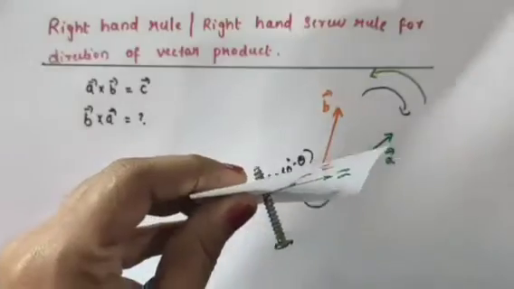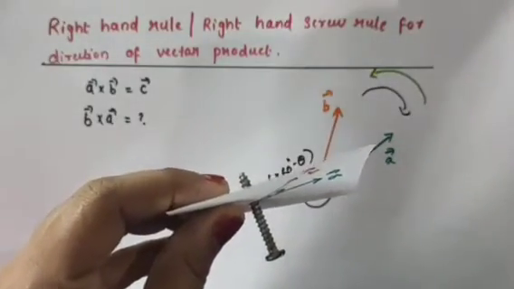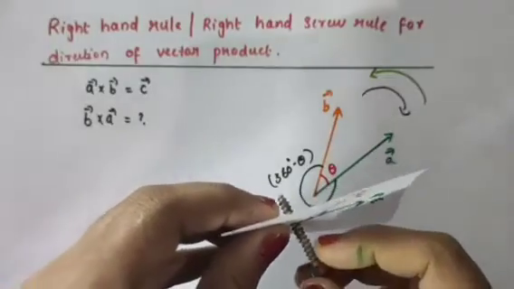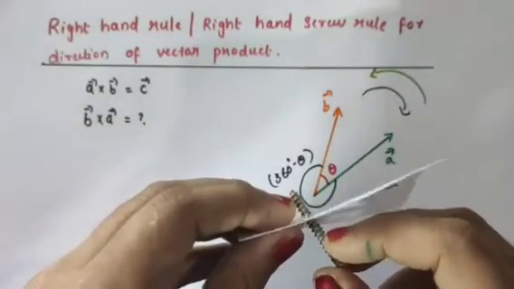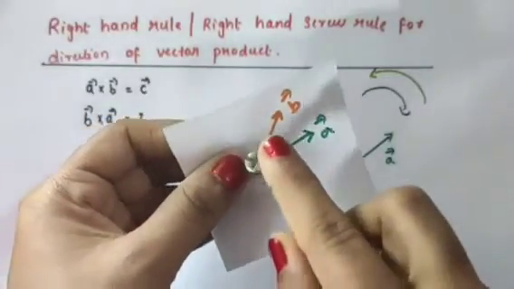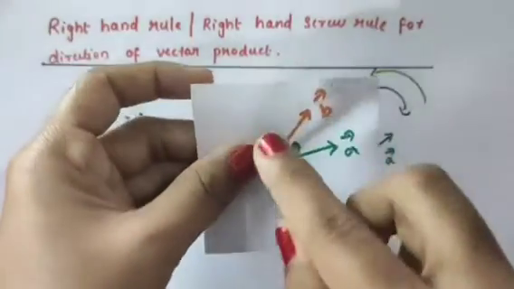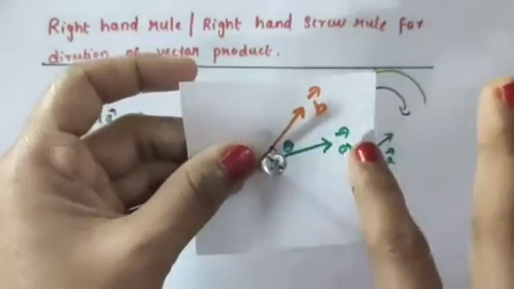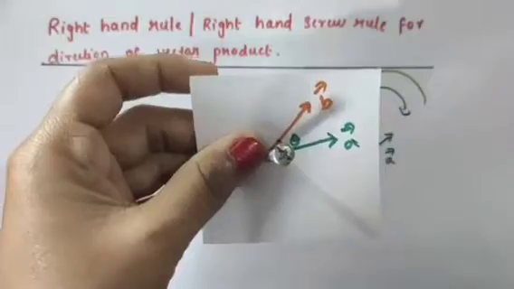Okay, now let us consider this plane sheet, and I have taken the screw. Because of the right hand screw rule, let us understand here how it got the name. Here you can see the screw. This is nothing but the head of the screw, and I have placed the A and B in the plane sheet, you can see, and the theta. This is A vector and this is B vector.